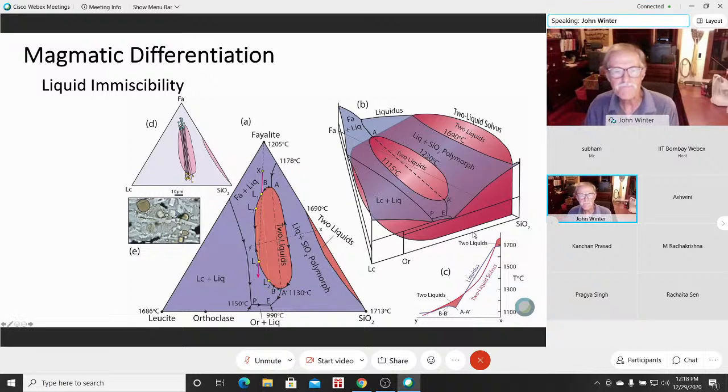you can visualize that. And here's a little example of a liquid of bulk composition X that is crystallizing fayalite.